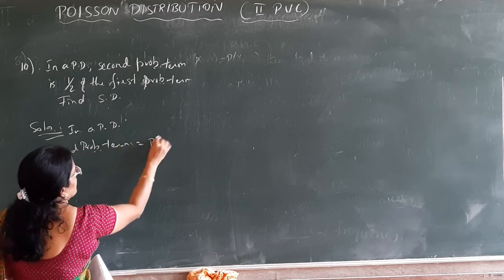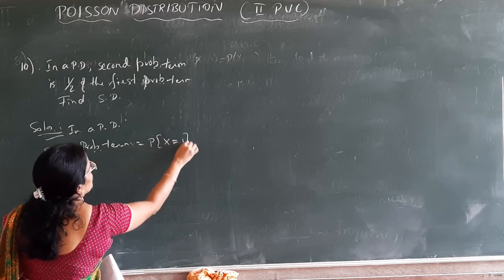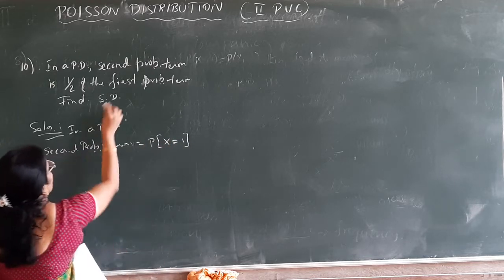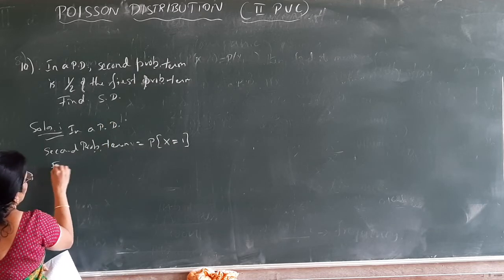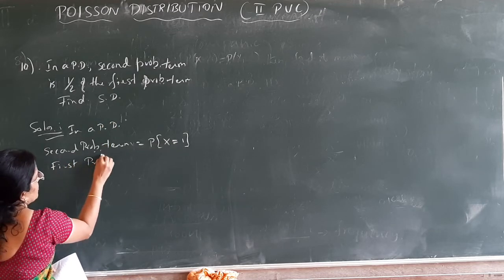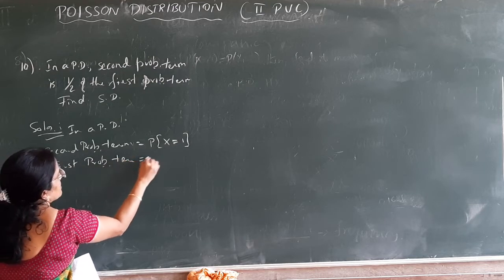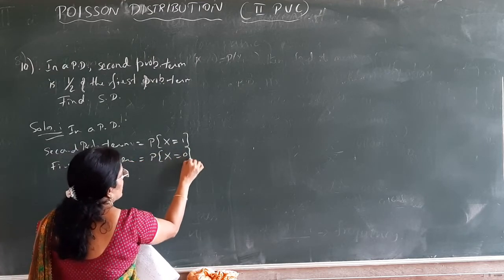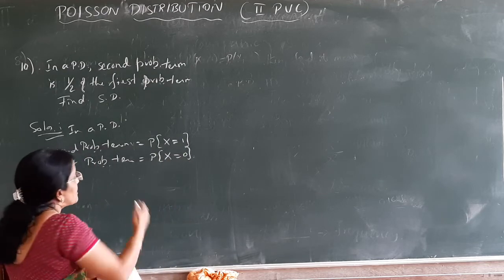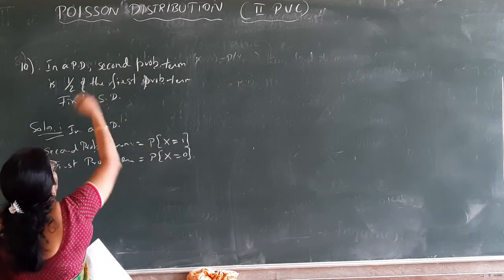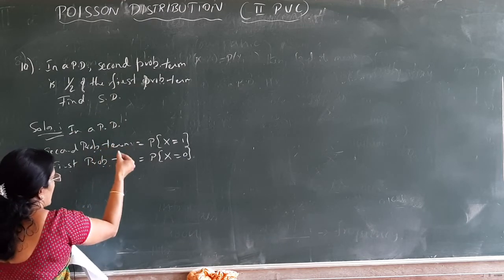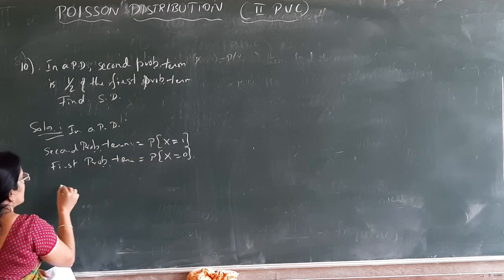That is P of x equal to 1, which is called the second probability term. Similarly, the first probability term is P of x equal to 0. Now here a relationship is mentioned in the problem, that the second probability term is half of the first probability term.